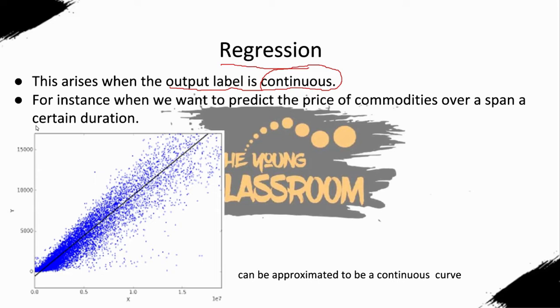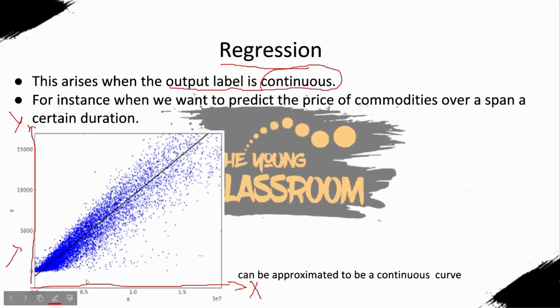Let's look at this diagram over here, and for the time being assume that these are the y values and these are the x's. Let's assume that this x is the time in years and these y's are the housing price.